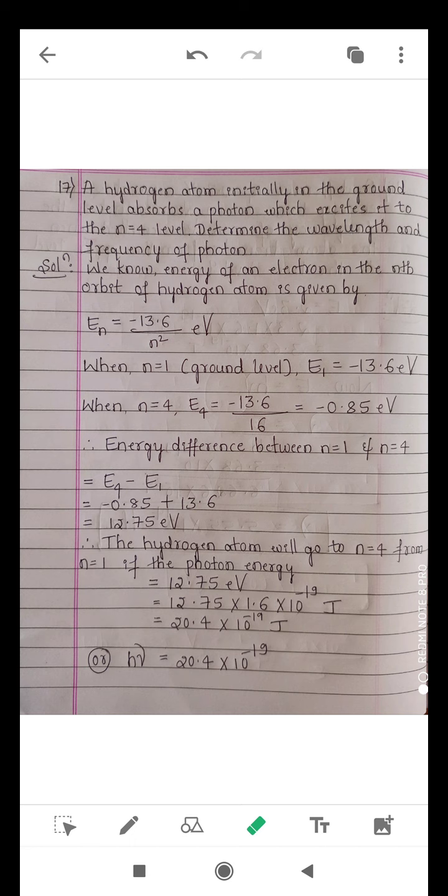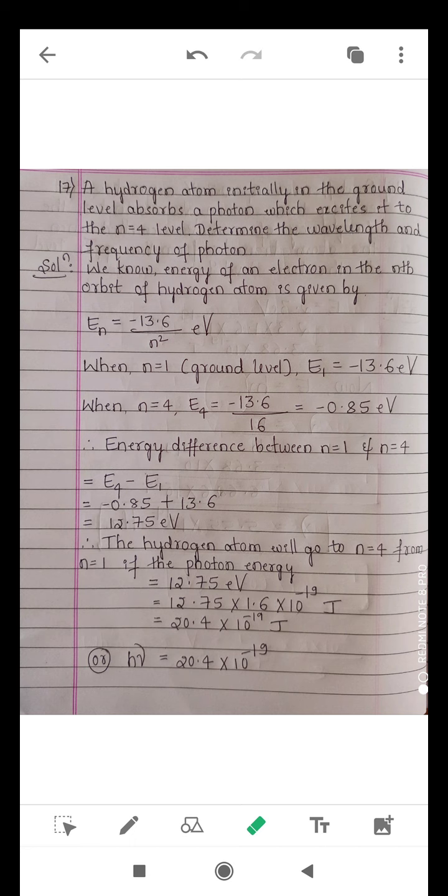We studied this in the last video. We derived the expression for total energy of the atom by considering the hydrogen atom. So for the ground level, if I consider n equal to 1, the energy is E1 is equal to minus 13.6 electron volt.